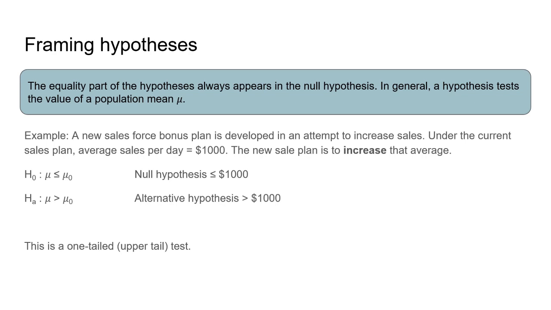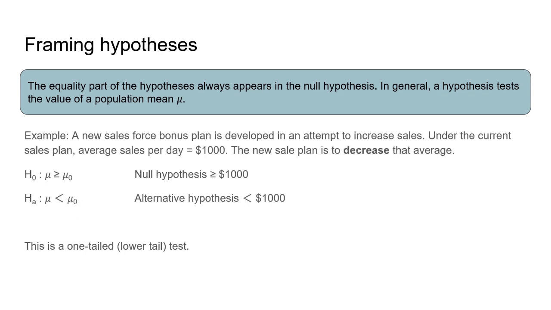How this would show up is that the new sales plan would be underperforming or equivalent, as you can see here. If any of these results show up, we will know we are in the null hypothesis situation. Alternatively, we would need to see that sales have increased above $1,000 to accept the alternative hypothesis that the new bonus plan is improving sales.